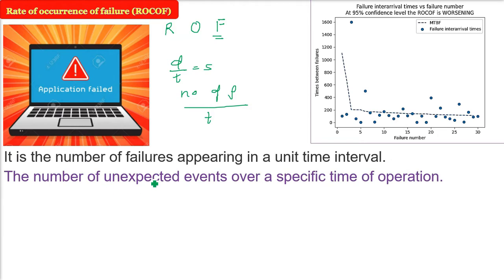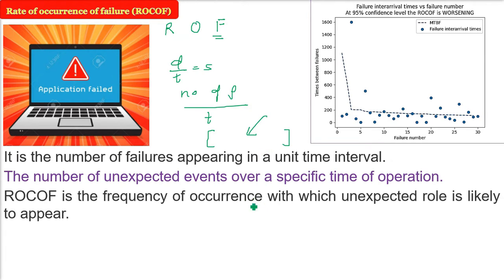So the number of unexpected events, or events not favorable to the user, over a specific period of operation is ROCOF. It is the frequency with which unexpected events are likely to appear while you are actually executing or using the software.